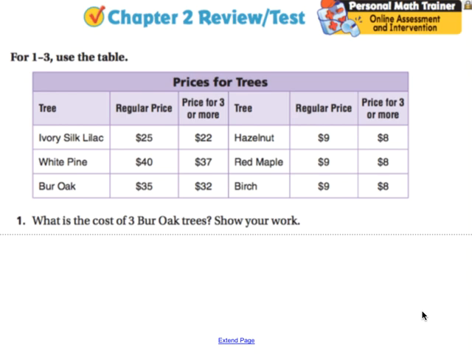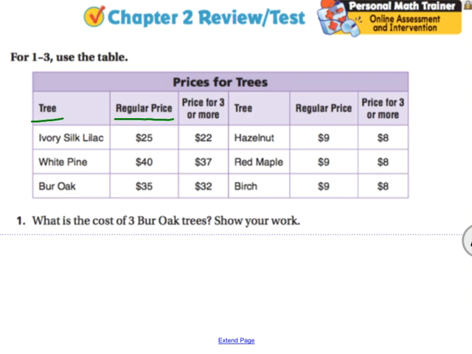So we have the name of the tree. The price is regular price. A regular price is you're not getting any deals, you're not getting any discounted prices. This is the price you're going to pay.